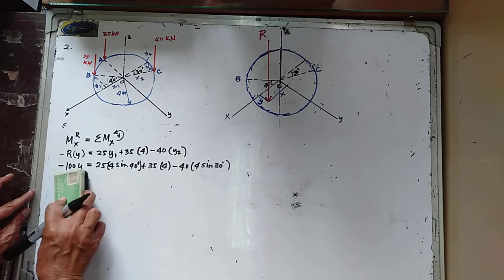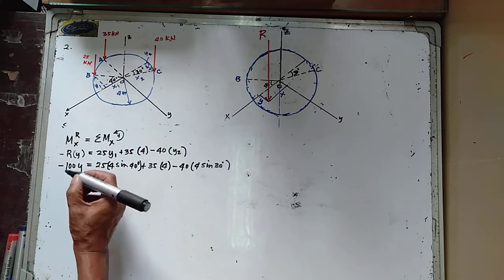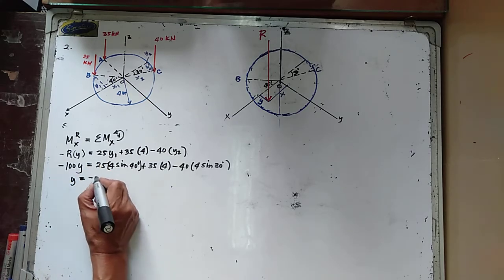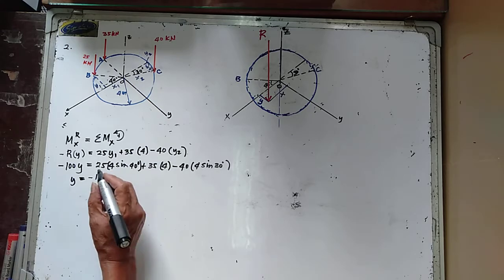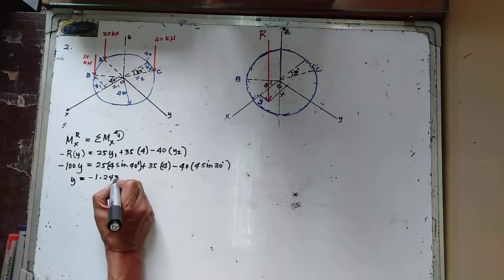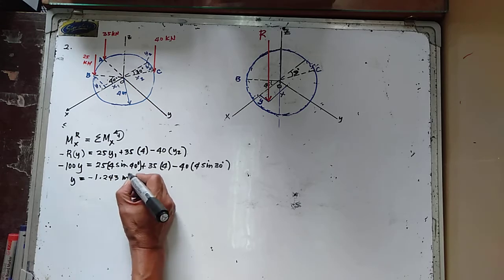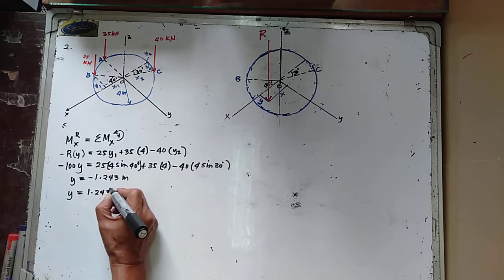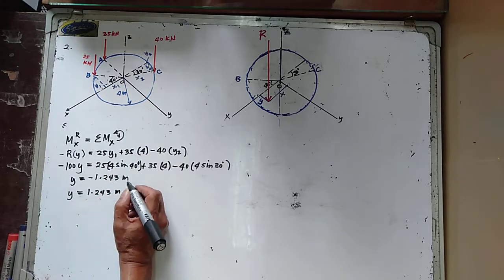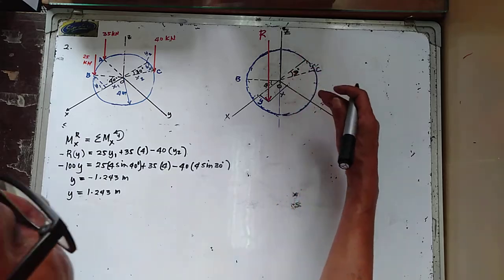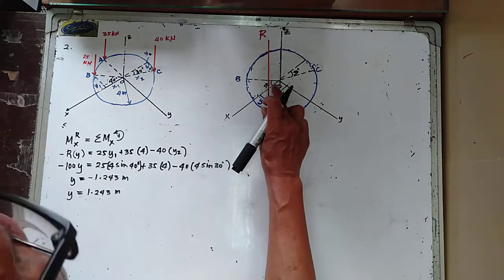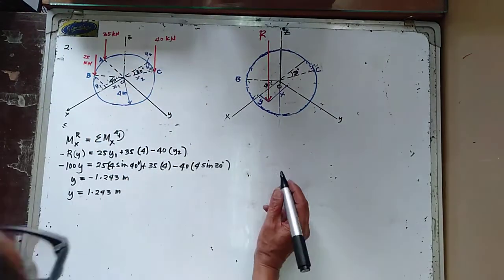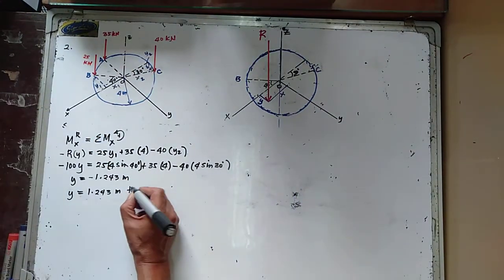Okay, so I'm just going to calculate it immediately. So your y in here is now equal to negative 1.243 meters. Hence, your y is equal to 1.243 meters. Okay, so this is to the left of point O. So the resultant is 1.243 meters to the left of point O.